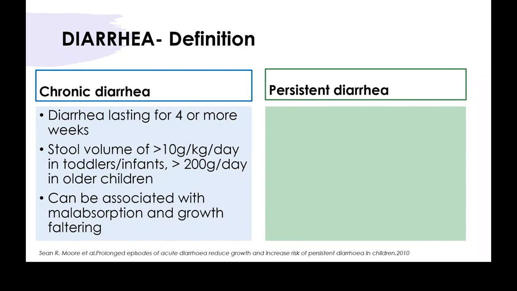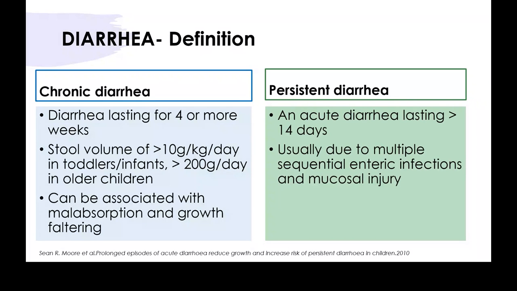Whereas there's another entity called persistent diarrhea. It's an acute diarrhea which lasts beyond 14 days, but does not go beyond the 4 weeks cutoff. So this is something between 14 days to 28 days. This is called persistent diarrhea. And studies have shown that this persistent diarrhea is usually due to multiple sequential enteric infections.